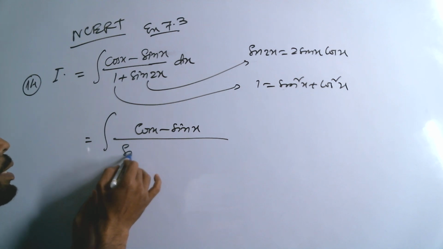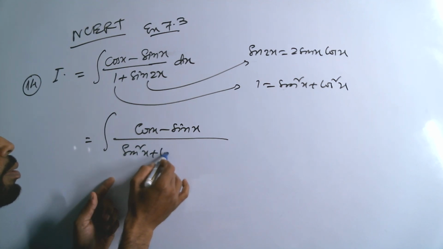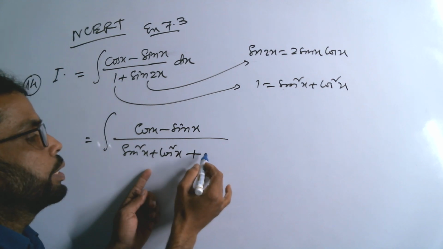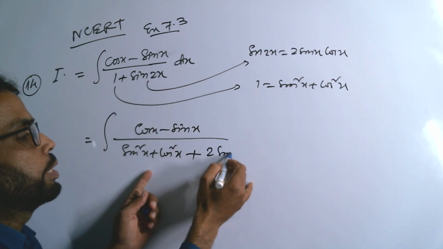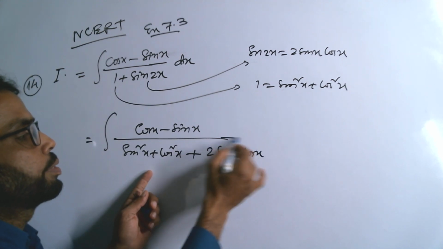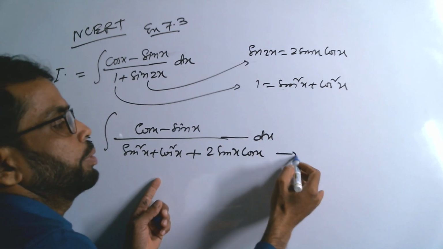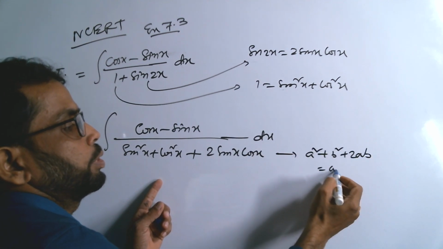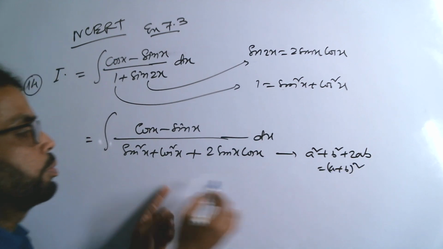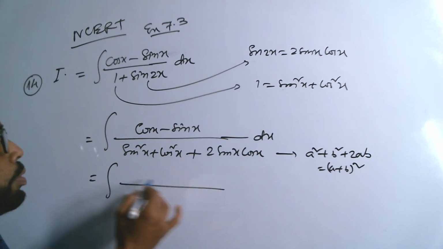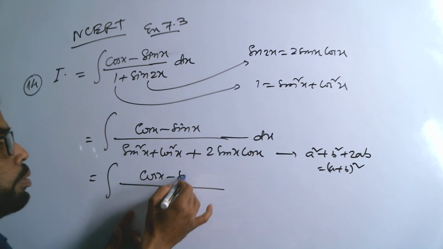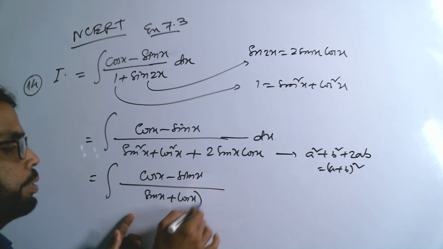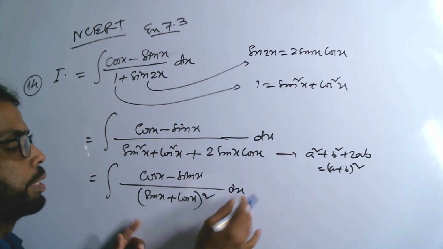In place of 1, writing sine square x plus cos square x. 1 is sine square plus cos square. Then sine 2x is 2 sine x cos x. Now the denominator is coming as a square plus b square plus 2ab formula, which can be written as a plus b whole square. So it is sin x plus cos x whole square dx.